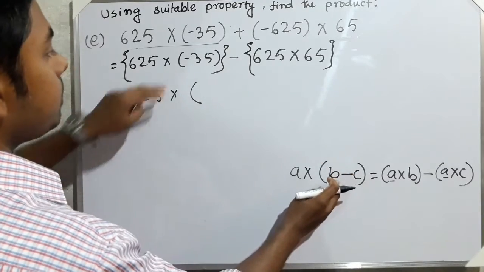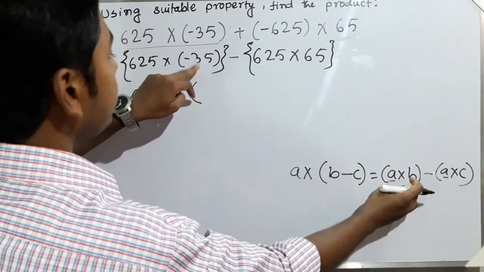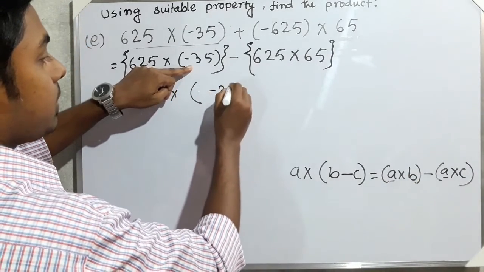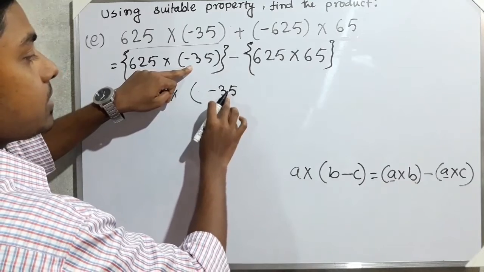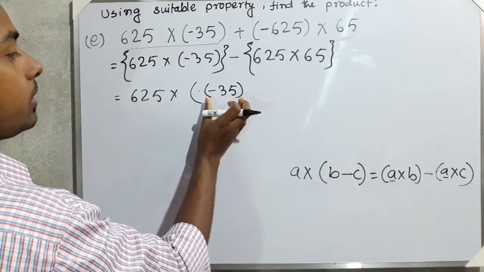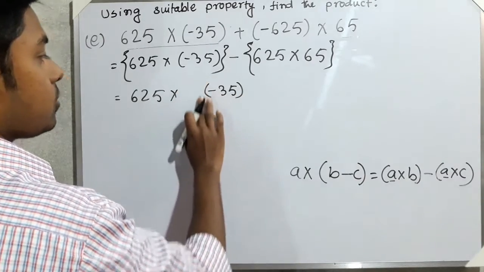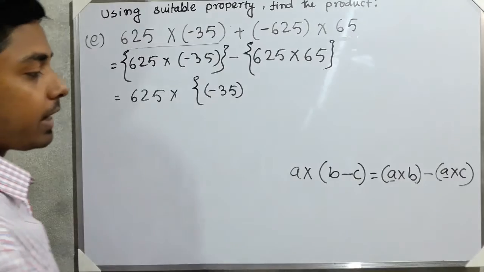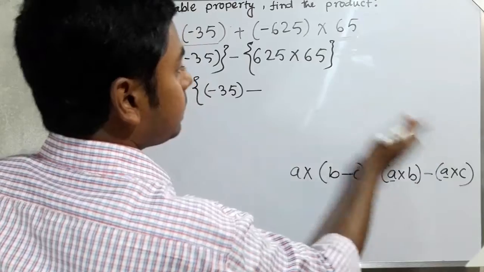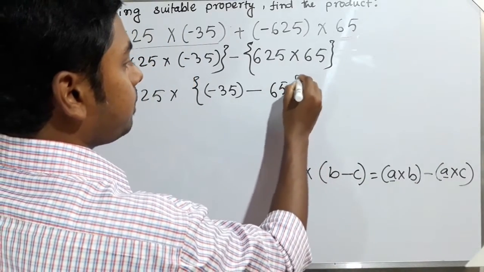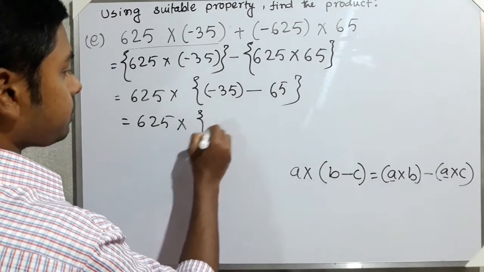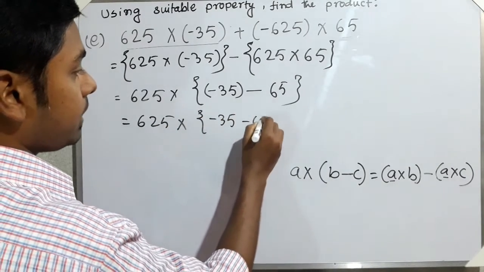At the place of B you have minus 35. Since it is a negative integer, keep it in a bracket, and since we used a small bracket first, here we change to a curly bracket. Then minus C, and at the place of C you have 65. So 625 into minus 35 minus 65.